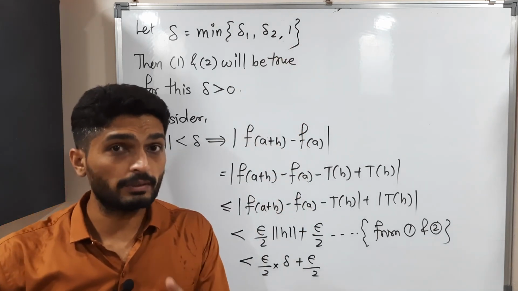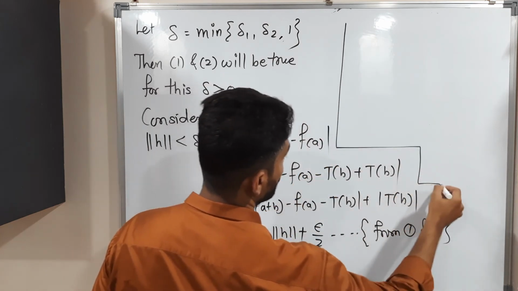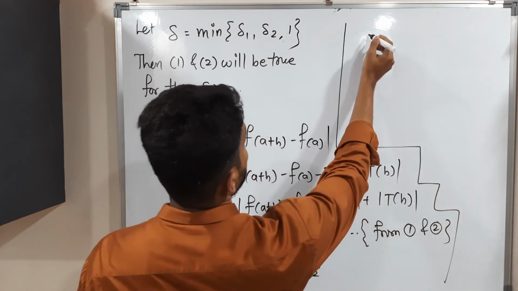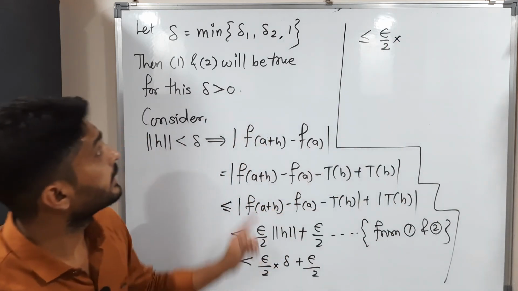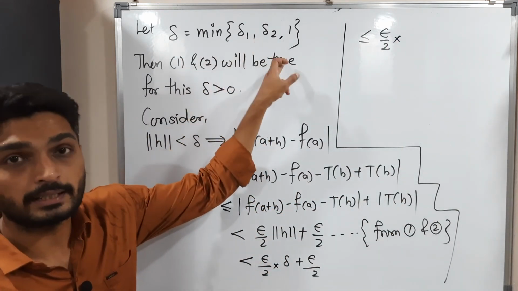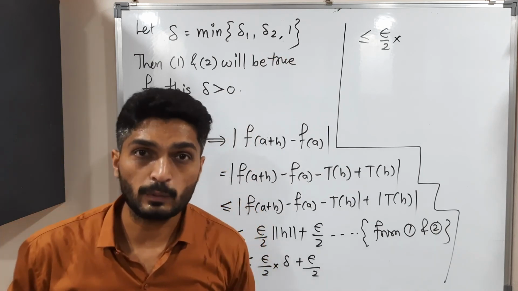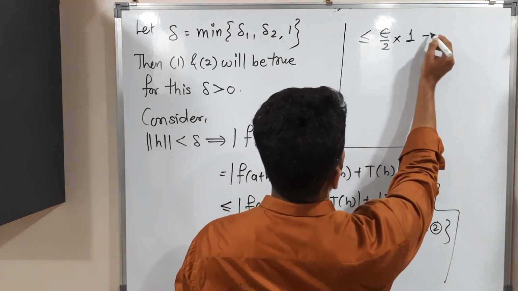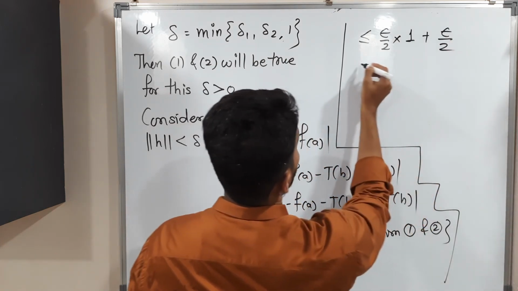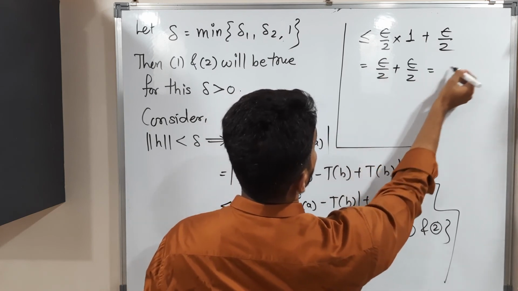So delta is less than or equal to 1, and that's why this is less than or equal to epsilon by 2 plus epsilon by 2, which is epsilon.